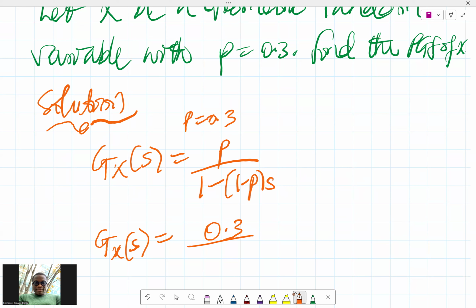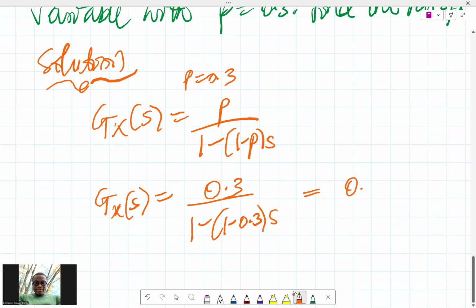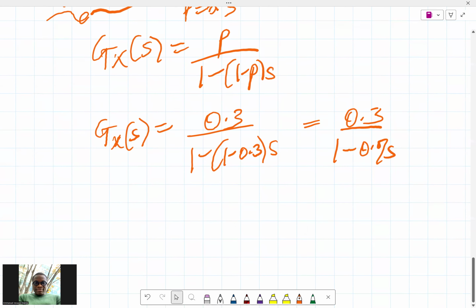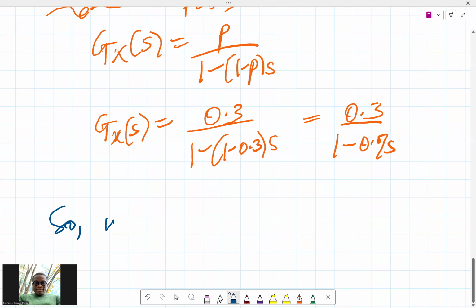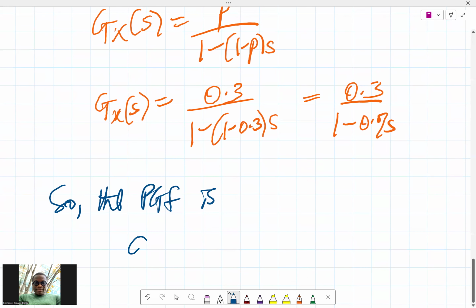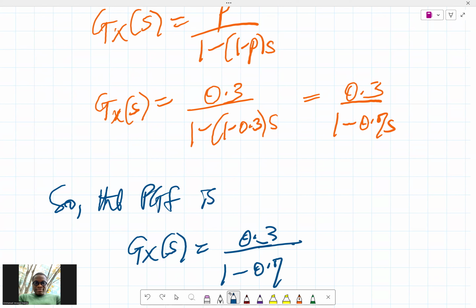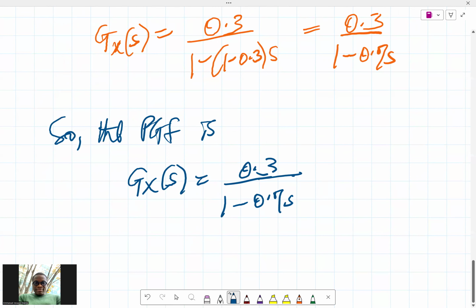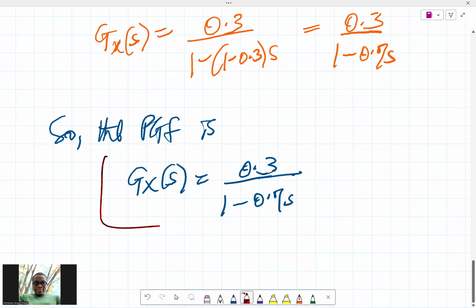So that is 0.3 all over 1 minus 0.3 s, so the 1 minus 0.3 gives 0.7. So the probability generating function is gx of s equals 0.3 over 1 minus 0.7 s. And that is that. Okay, so this is what we have, basically.